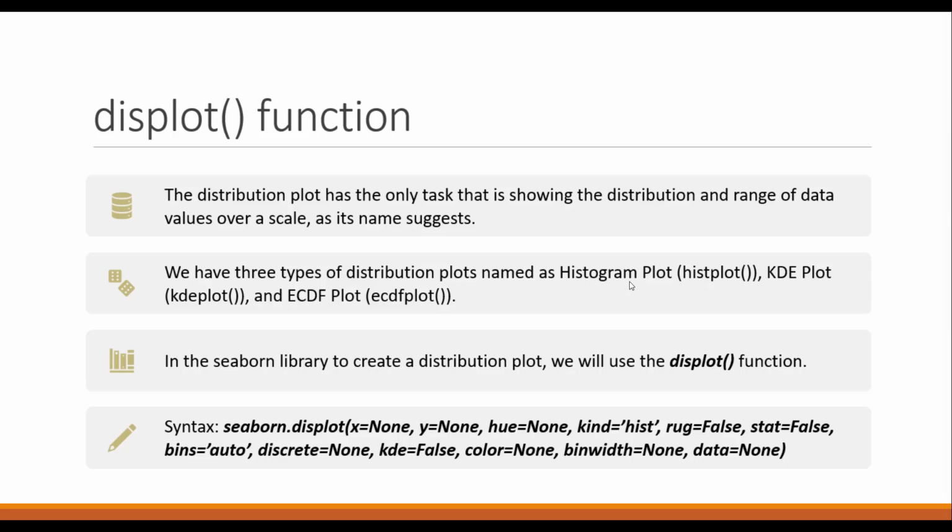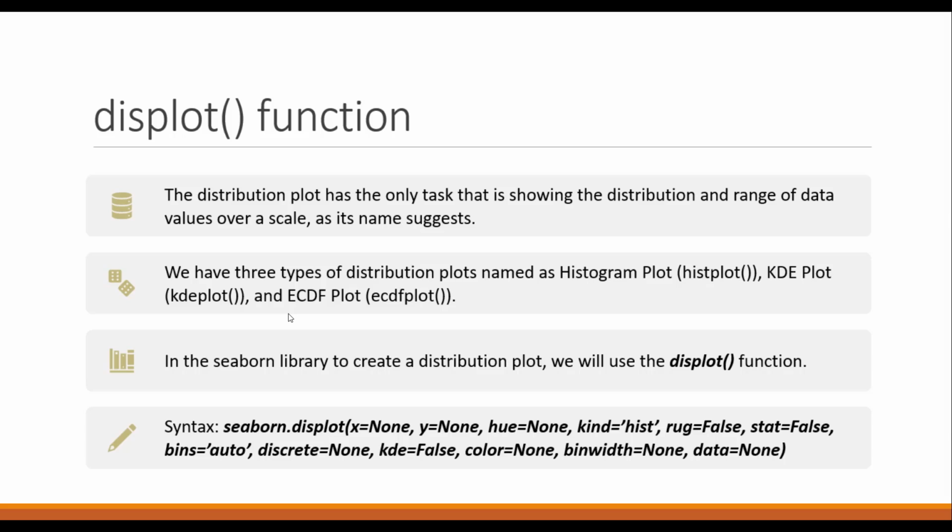The next one is rug. If it is true, it displays the marginal ticks for each observation. The next one is stat. It calculates the aggregate statistics for each bin, and the options available are count, frequency, probability, proportion, percent and density. You can use any of the options as per your choice.